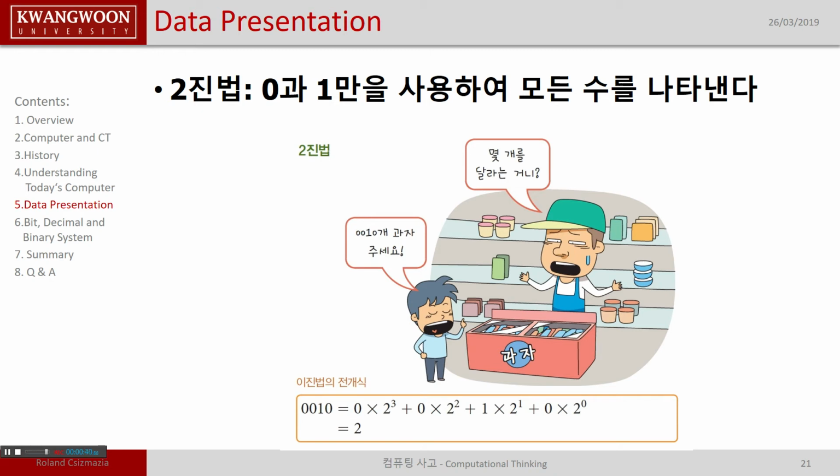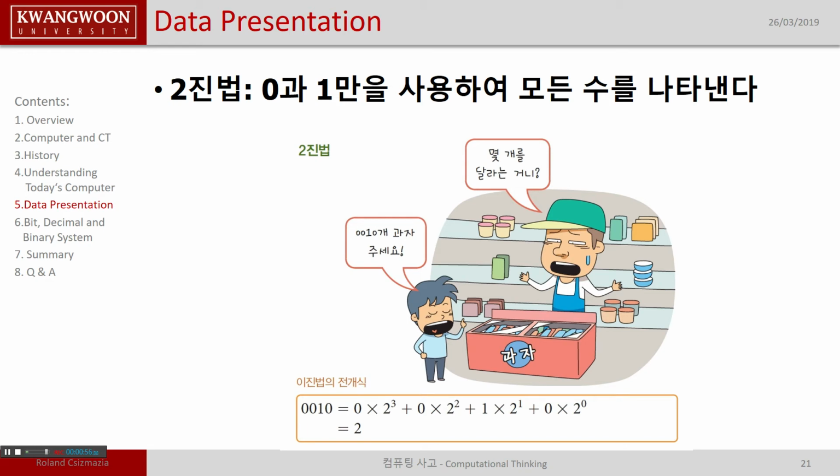If you represent the data in binary code, that means 0, 0, 1, 0, and that would mean 2 in simple decimal code.